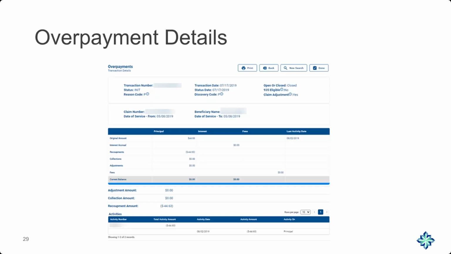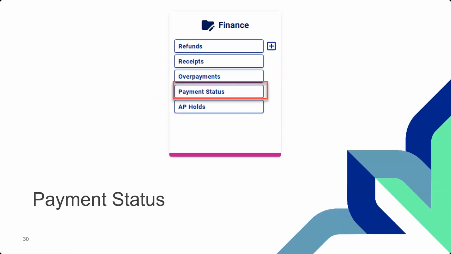And it breaks it into principal, interest, fees, and last activity. Then at the bottom, you have a summary of those activities.